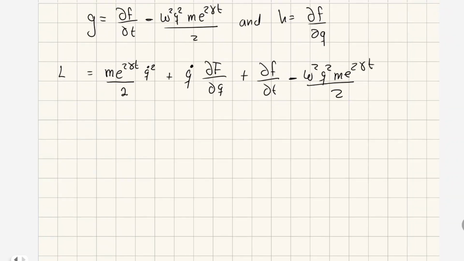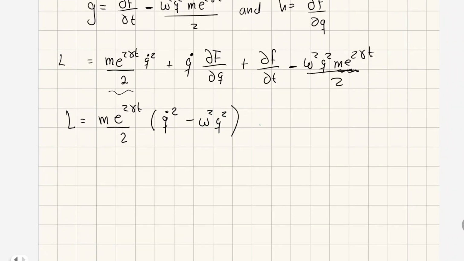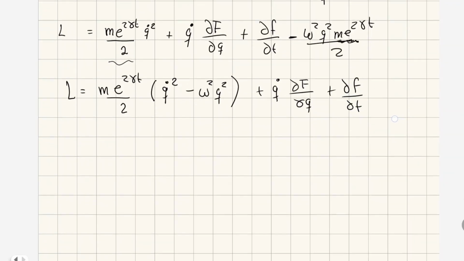Just to make things simpler, we have a common factor here, m e to the 2 gamma t over 2, here and here. So we can establish that the Lagrangian is m e to the 2 gamma t over 2 times q dot squared minus omega squared q squared, and then plus q dot the partial of f with respect to q plus the partial of f with respect to time. Okay, perfect.